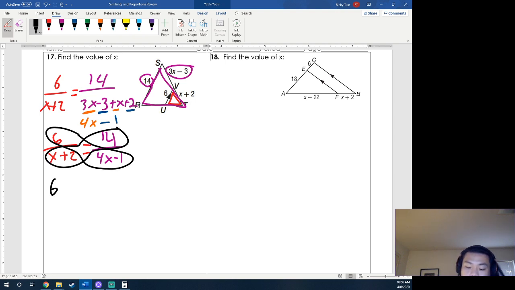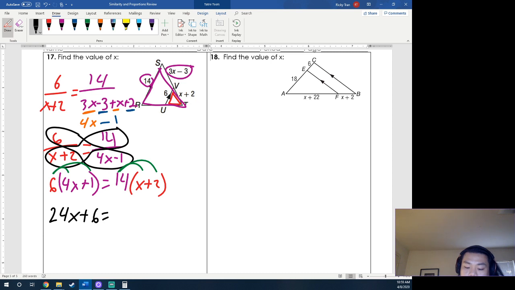So 6 times 4x minus 1 is equal to 14 times x plus 2. Then we distribute here and here. We get 6 times 4, which is 24x, minus 6 times 1, which is 6, is equal to 14 times x, or 14x, plus 14 times 2, which is 28.